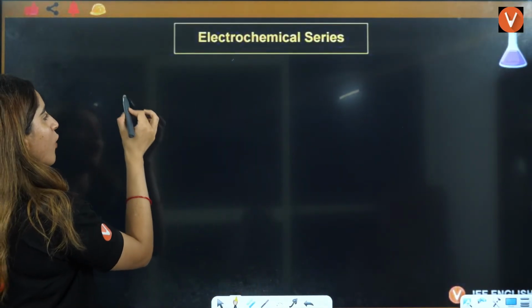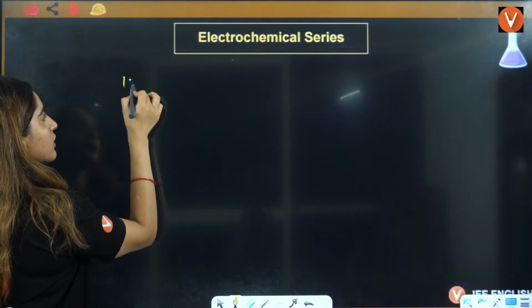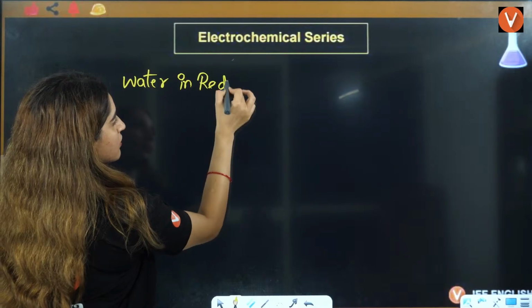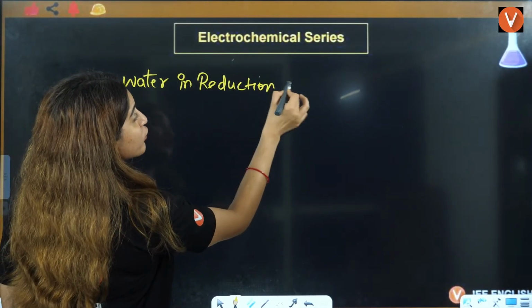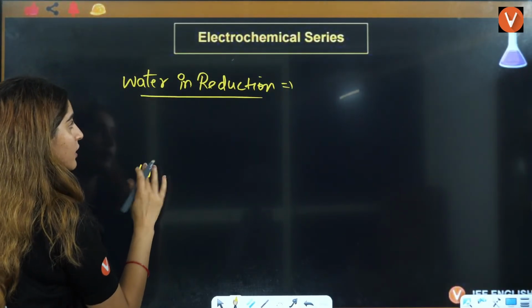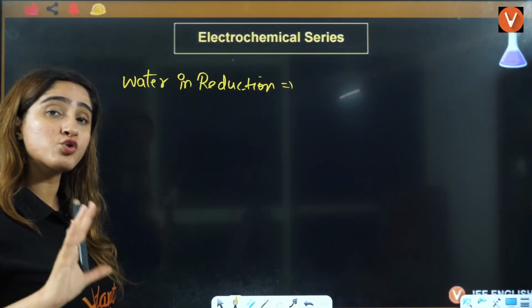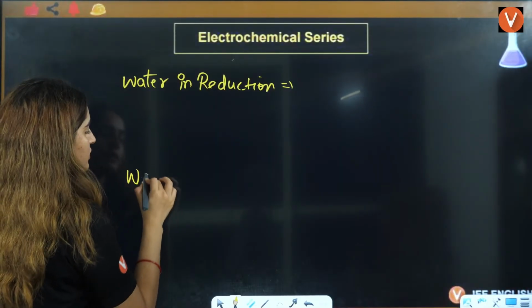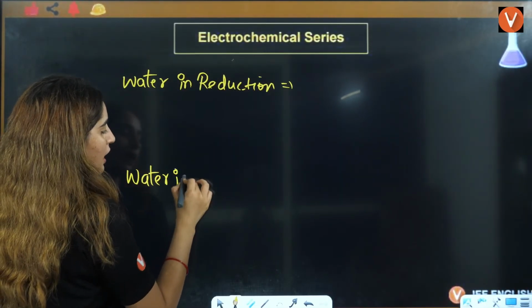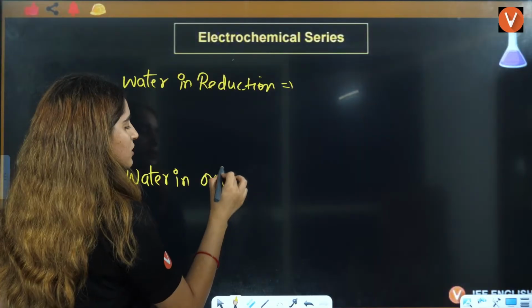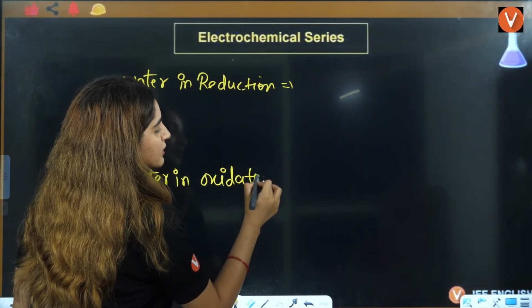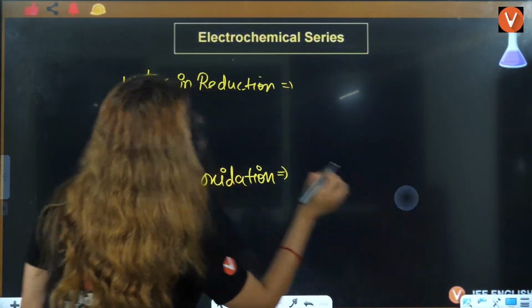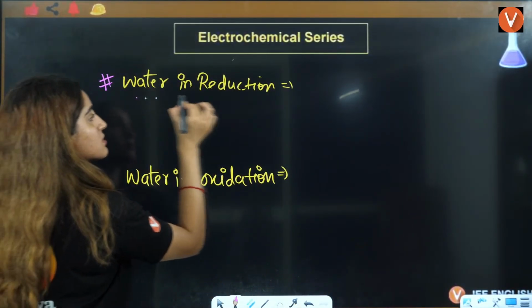If you talk about water in reduction, and water in oxidation, it has two different electrode potentials. This is water undergoing oxidation.